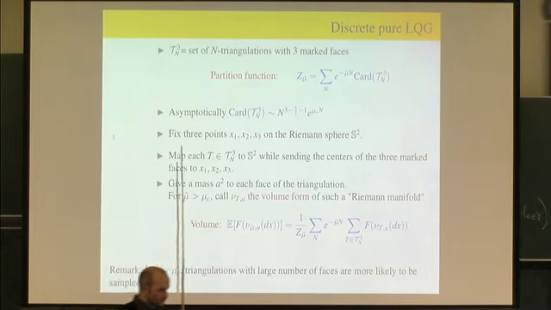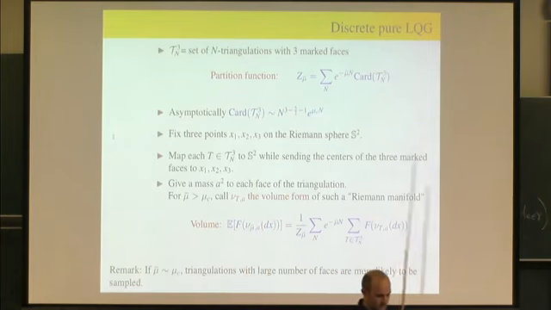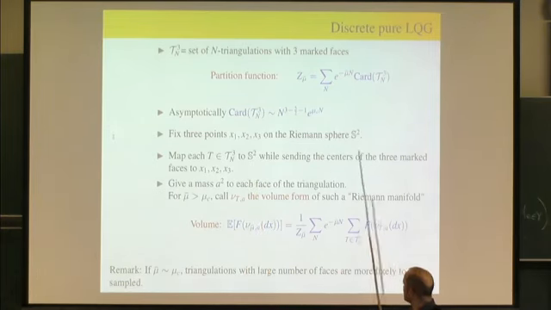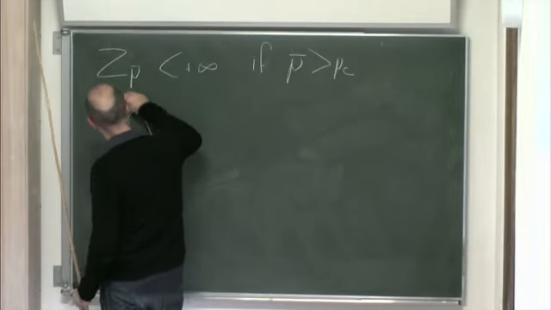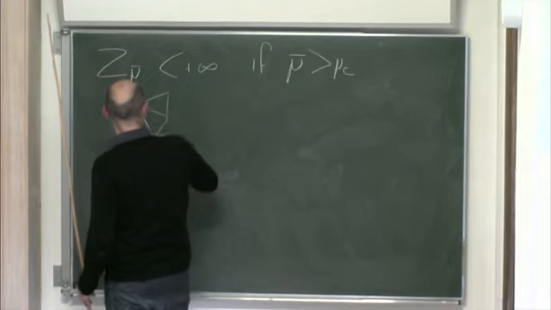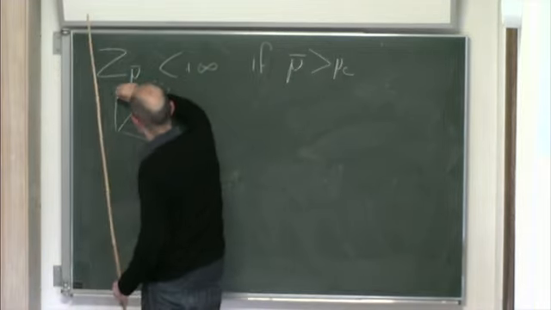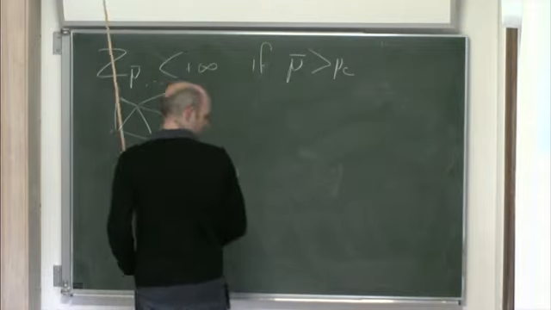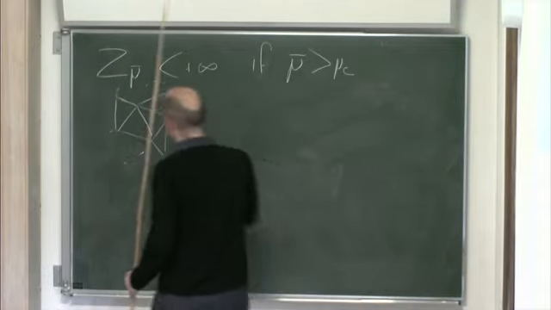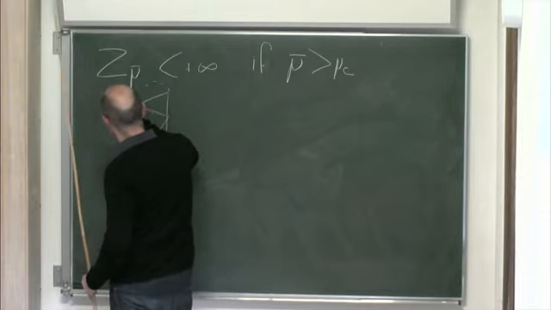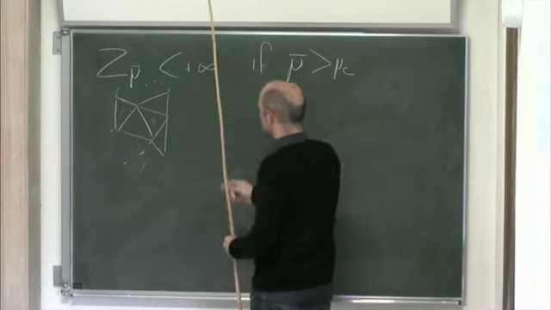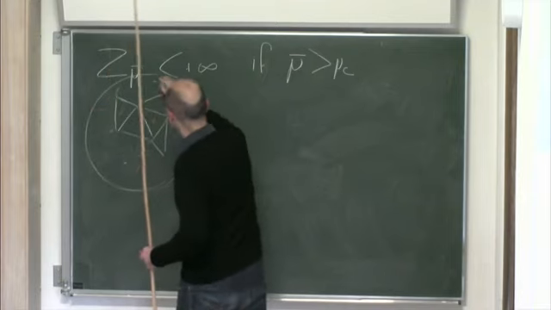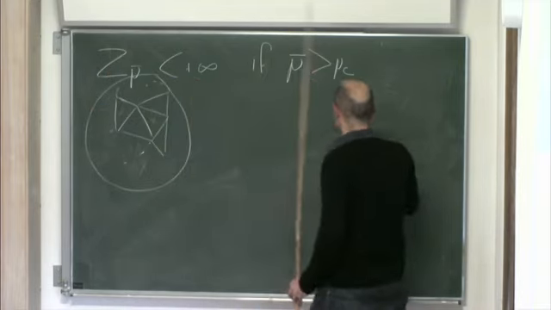So now, how to fix this Möbius degree of freedom? You take your three marked faces. Maybe a picture: you have your triangulation of the sphere, and you have marked three faces, or say vertices, it doesn't matter actually. You want to send this triangulation onto the sphere.